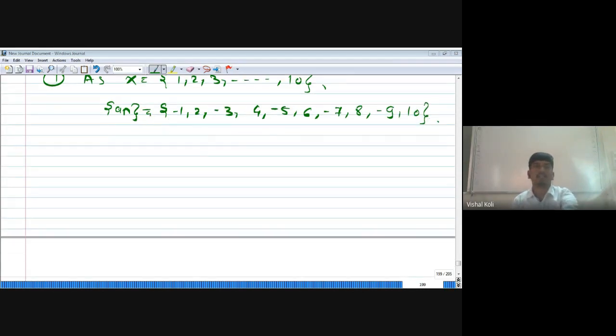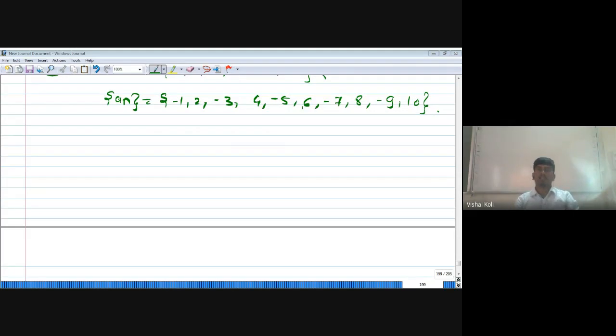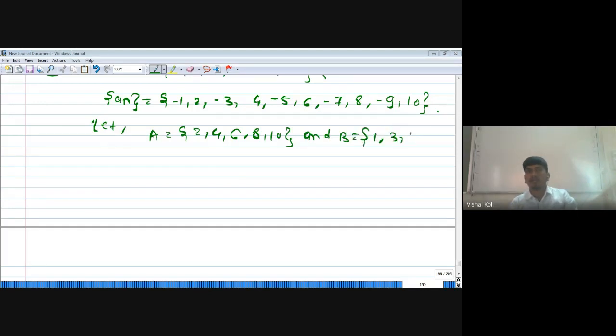We get the sequence an as this one: minus 1, 2, minus 3, 4, minus 5, 6, minus 7, 8, minus 9, 10. Let us take set A, which contains the elements 2, 4, 6, 8, and 10, and set B contains 1, 3, 5, 7, and 9.